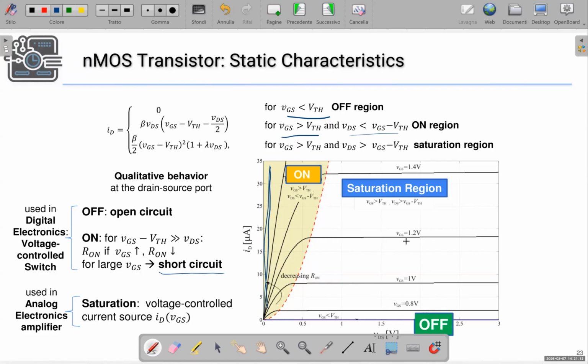On the other hand, the operation of an MOS transistor in the saturation region is exploited to implement voltage-controlled current sources that can be used in analog electronics as amplifiers. By the way, in this course, we will not cover analog electronic circuits, so let's say that we will not consider the saturation region anymore.